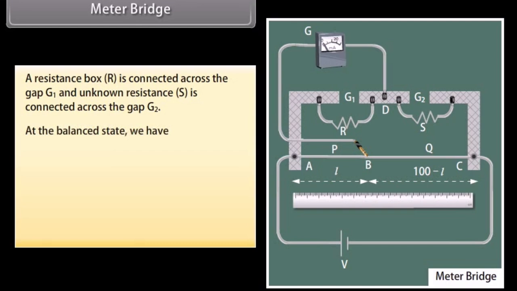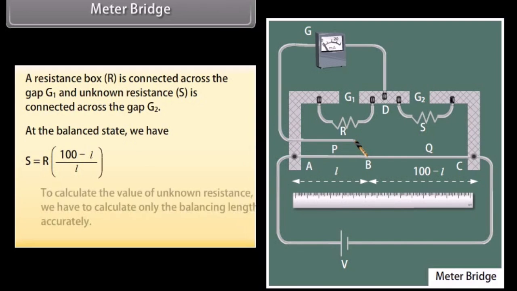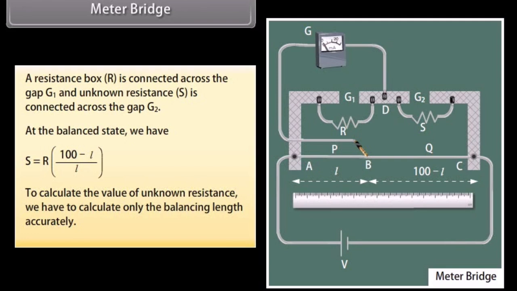At the balanced state, we have S = R(100 - l)/l. To calculate the value of unknown resistance, we have to calculate only the balancing length accurately.